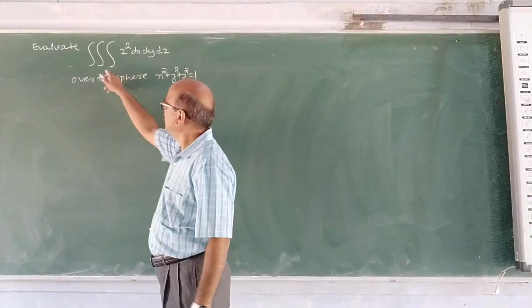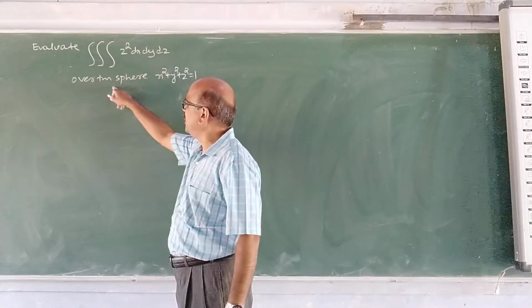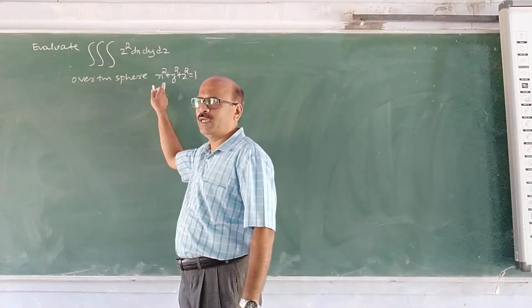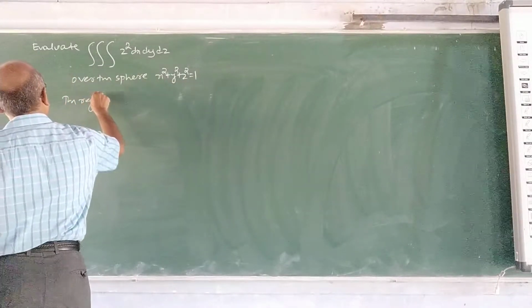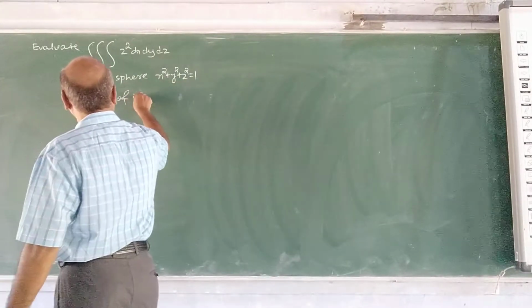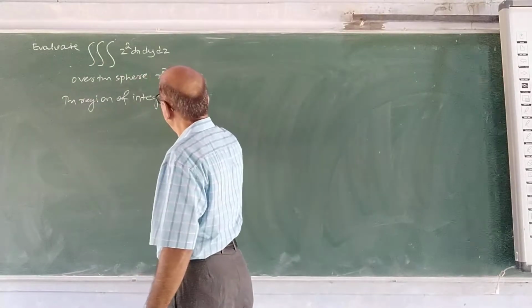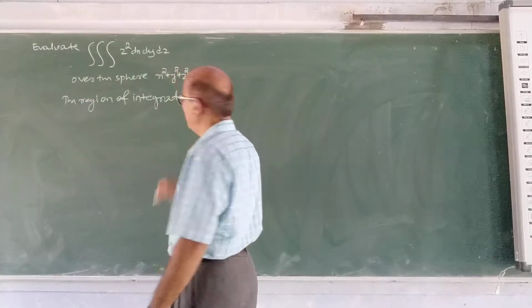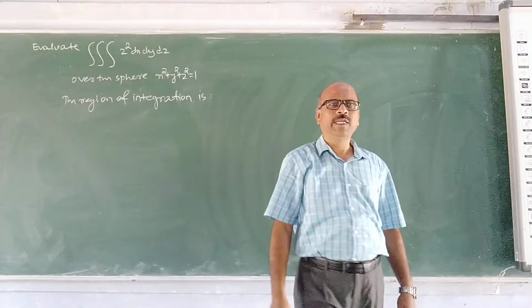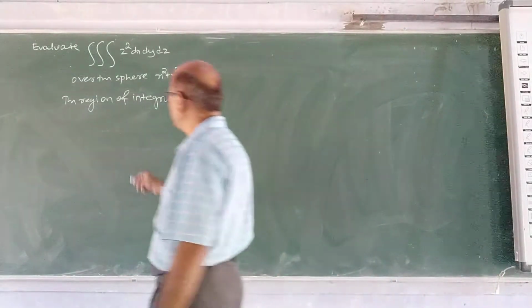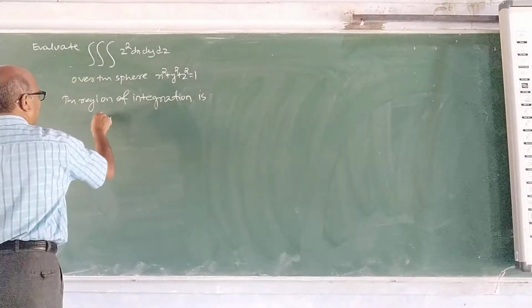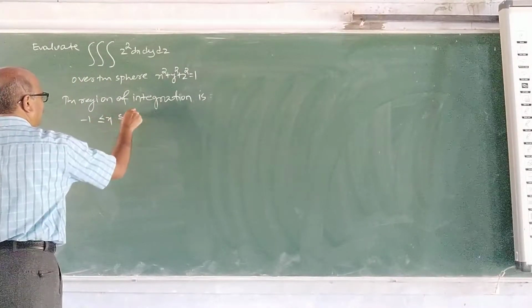Evaluate the triple integral z square dx dy dz over this sphere. What is the region of integration? The region of integration is exactly the same as the previous problem. What are the values of x? Region of integration we give in terms of inequalities.